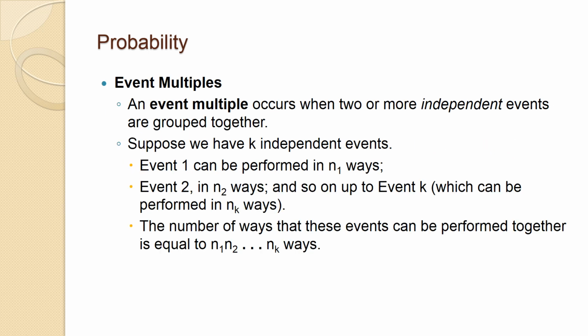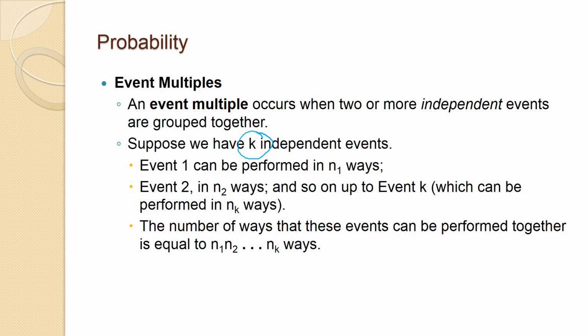In terms of multiple events, this occurs when two or more independent events are grouped together. Suppose we have k independent events, and event 1 can be performed in n1 ways and event 2 in n2 ways, and so on up to event k, which can be performed in nk ways.